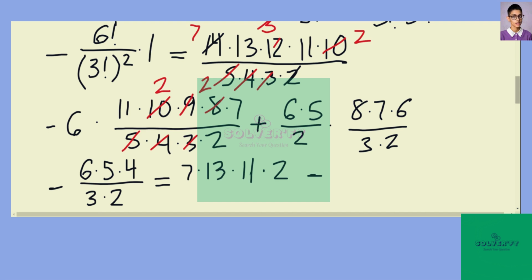The 3 and the 9 cancel out to give 3, and the 2 and the 2 cancel out.